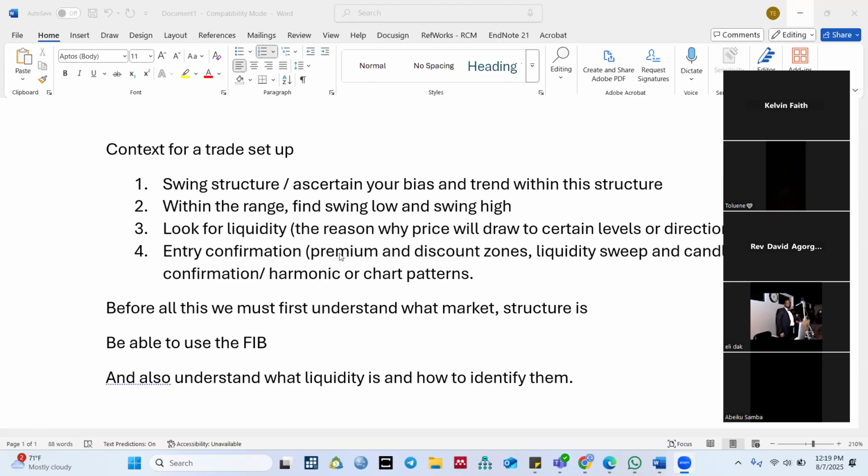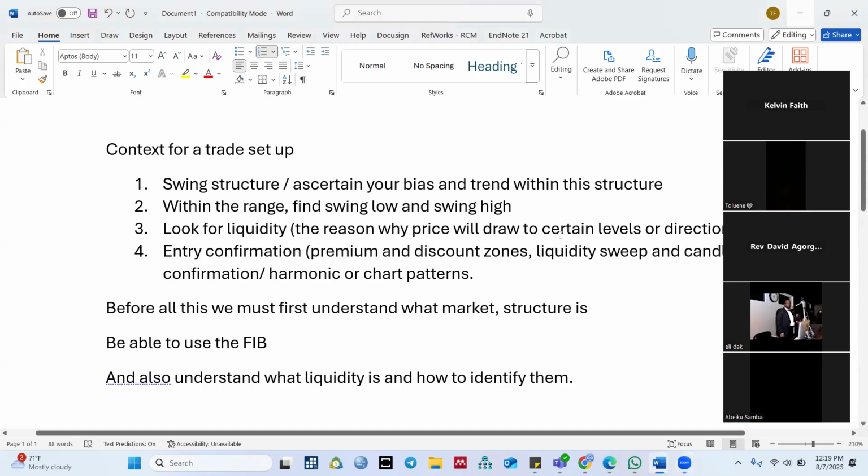And then number three is to look for liquidity. Liquidity is the reason why price will draw to certain levels or a certain direction. So I need to really train my eyes to identify that within my swing range or structure: is there liquidity around? Is there liquidity above my swings, or is there liquidity within?